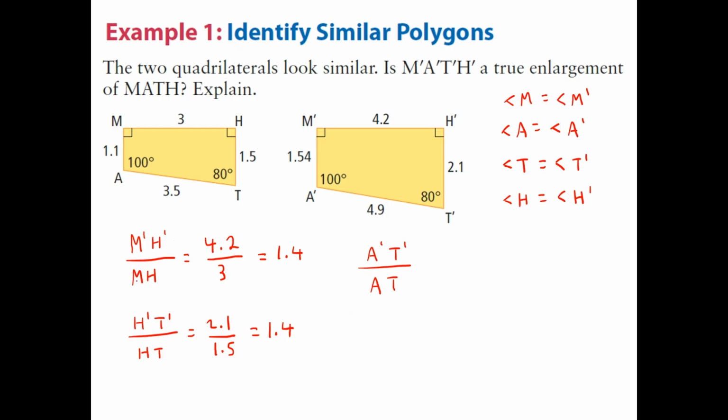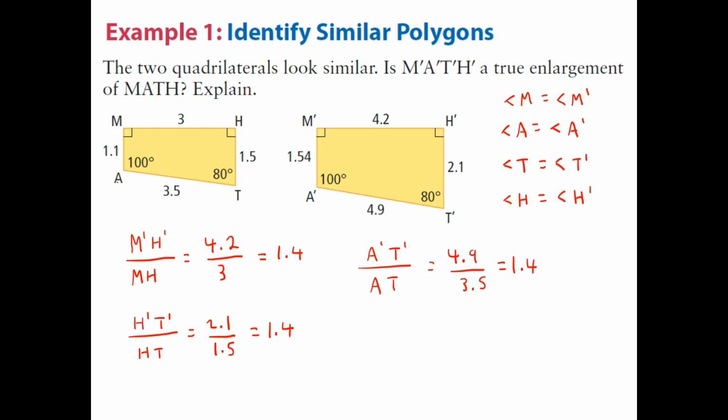Alternatively, if I started with the smaller shape on the top, then I would do that for every one of them as well. So right now I'm keeping it consistent, starting with the bigger shape's length on top. Here I have 4.9, which is A prime to T prime, divided by the corresponding side A to T, which is 3.5. Once I divide these, I also get 1.4 as a scale factor.